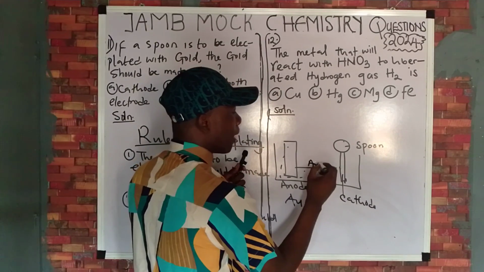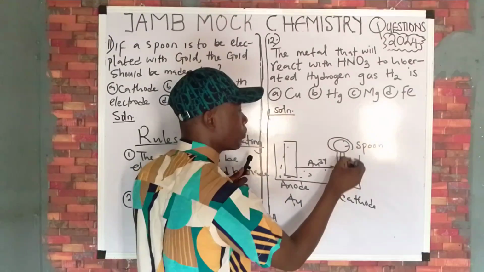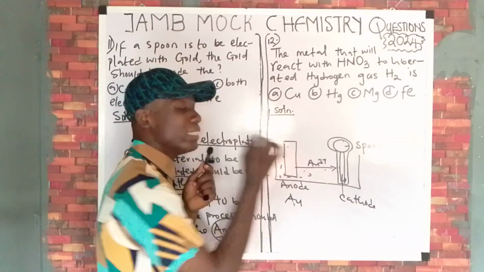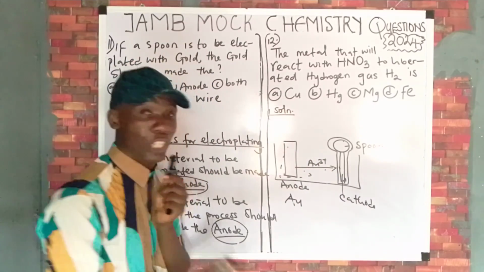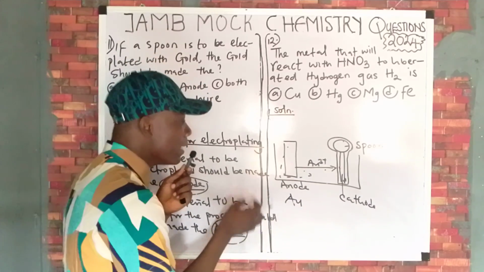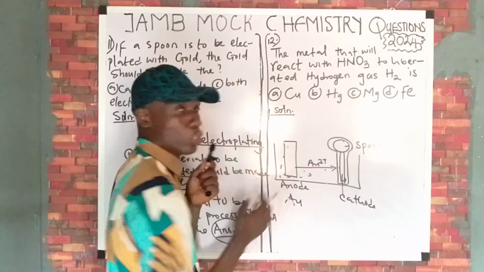Now, when this gold migrates to where the spoon is, it will become deposited around the spoon in this order. By so doing, you have electroplated this spoon with what? Gold. If you want this spoon to be electroplated with silver, make the silver the anode so that it can migrate to where the spoon is.